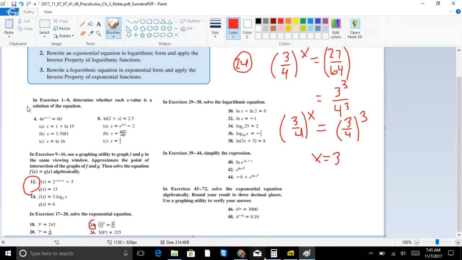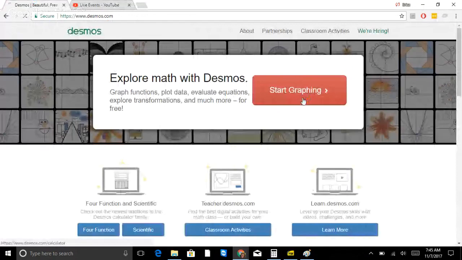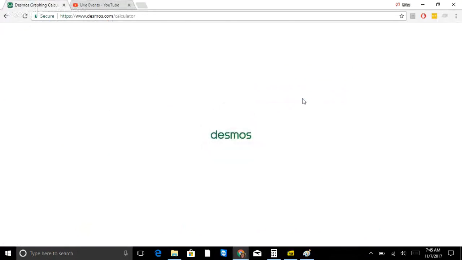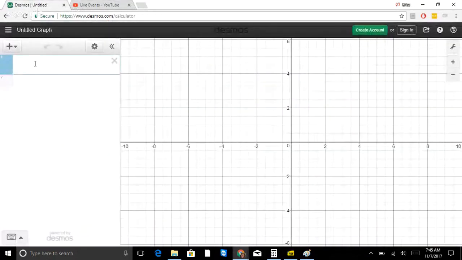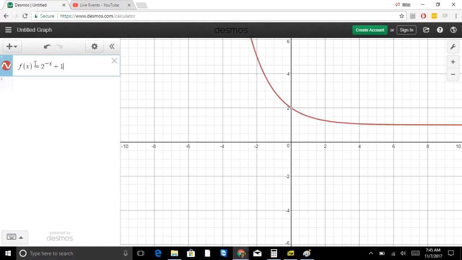All right, so what do I mean by that? Well, let's pull up our graphing utility. And we have two equations. We have f of x equals 2 to the negative x plus 1. Nope, this plus 1's got to go up in here. Negative x plus, I got to put it in parentheses.